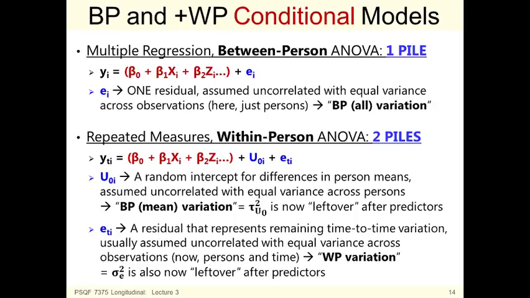After we put those predictors in the model, U0 should have its variability reduced, and we can calculate an R-square for how much of the intercept variance we accounted for. Likewise, E is within-person variation over time. The only kind of predictor that could account for that is time-varying predictors, and we can then have E variability left over after considering those predictors as well. So at a minimum in these models, we will have two different kinds of R-squares to consider: one for the between-person intercepts and one for the within-person residuals. One for level 2, one for level 1.